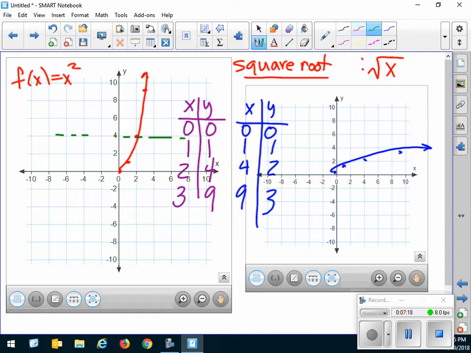The piece that I have left passes a horizontal line test, doesn't it? Which means this one is going to pass the vertical line test. If this one, the red one, passes a horizontal line test, then when you flip it over, it's going to pass a vertical line test. Ladies and gentlemen, what you just learned is called a one-to-one function.